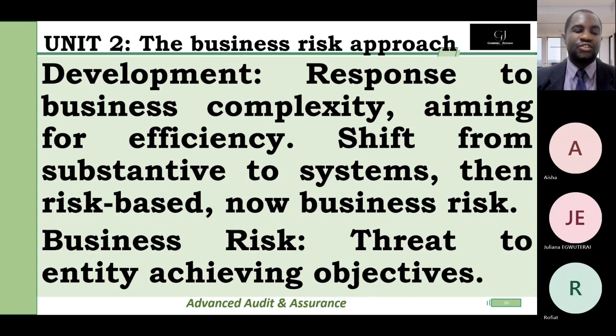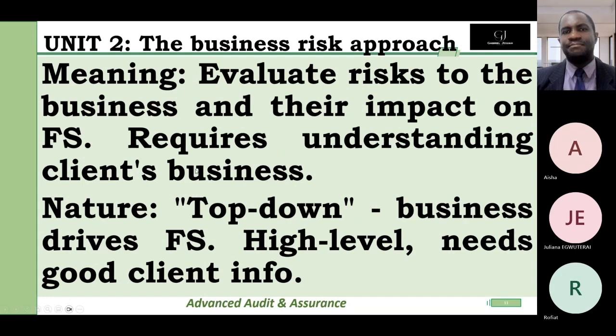So business risks are threats to an entity achieving its objectives. What does it mean? It means to evaluate risks to the business and their impact on the financial statements. So the risks that the business is bedeviled with, and also any risk that has crystallized and affected the outcome on the financial statements. Auditors need to understand the client's business.